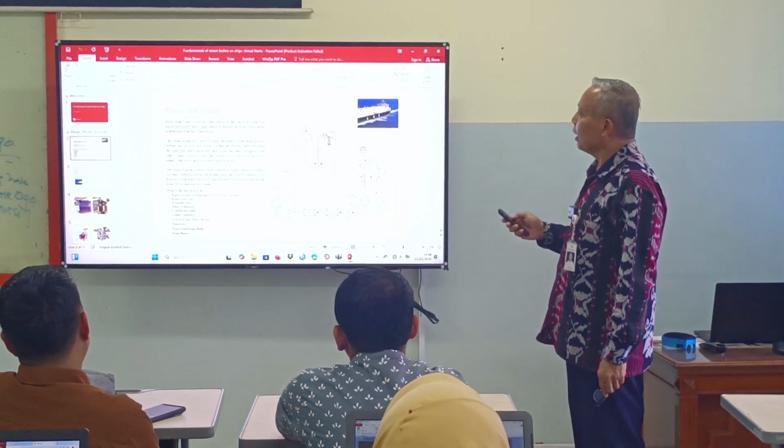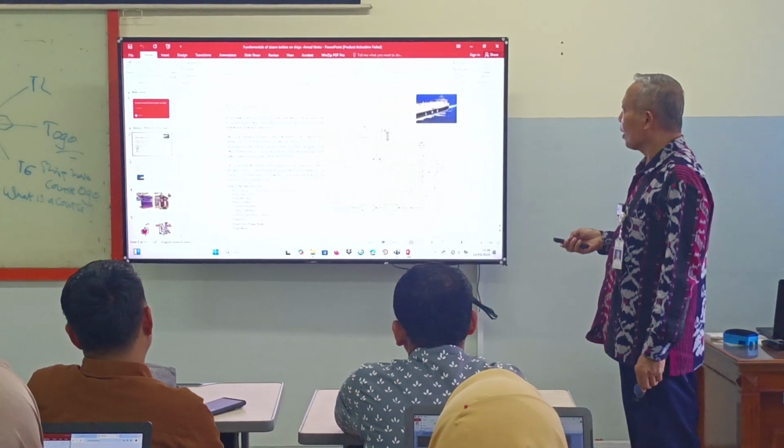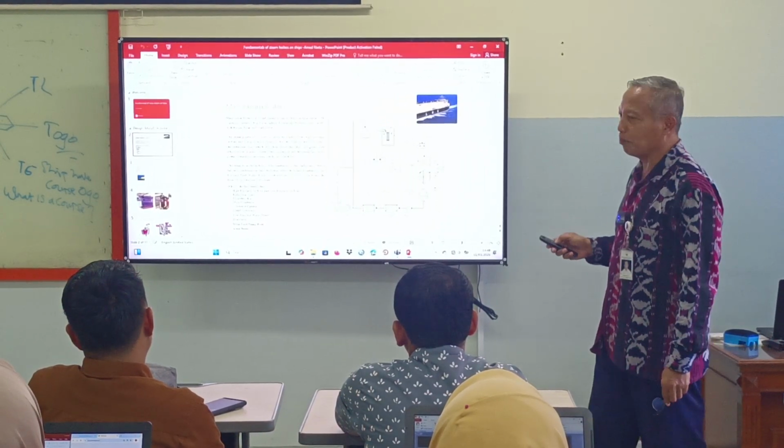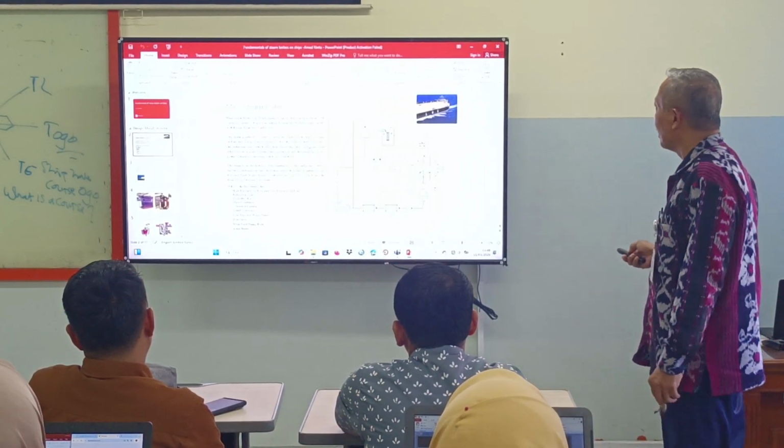Okay, right now, the steam turbine and main steam boiler.